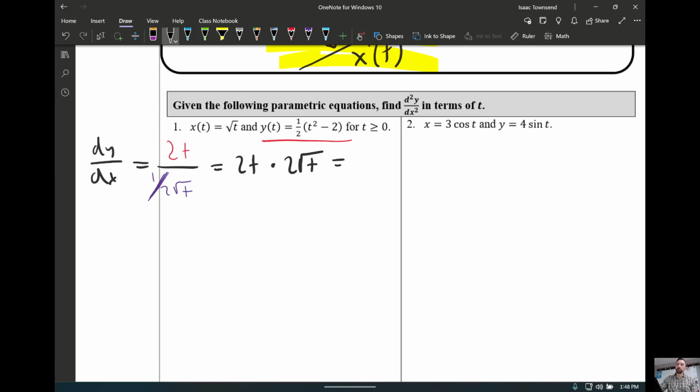So remember, dividing is the same as multiplying by reciprocal. You're going to do that quite a bit today. We end up with 4 times t to the 3/2. But that's just dy over dx.